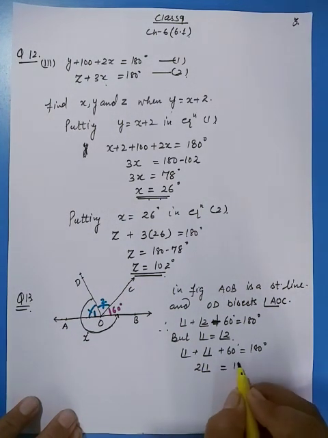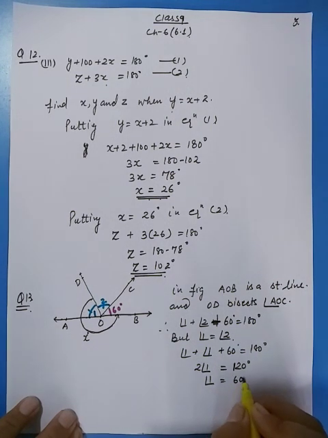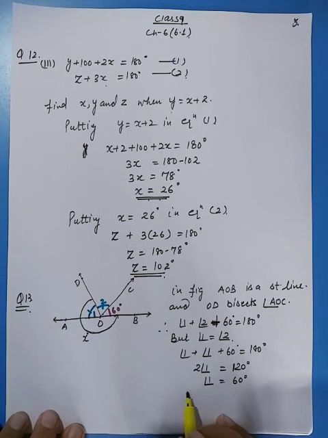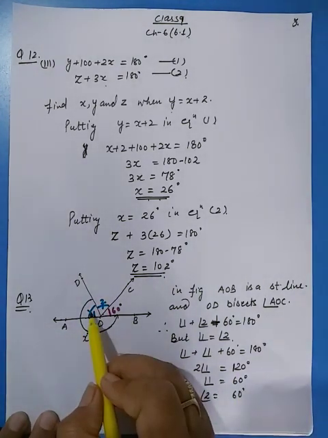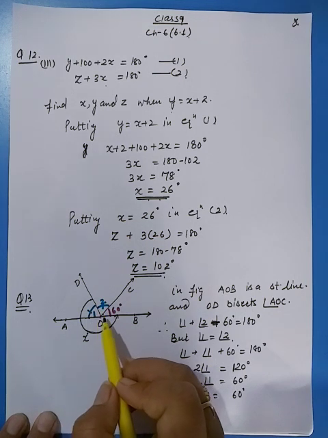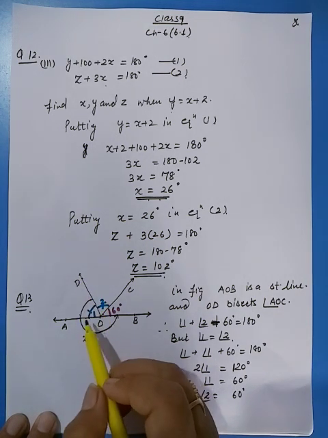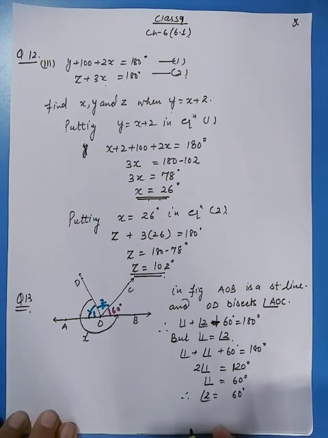Double of angle 1 is equal to 180 degree, so angle 1 will be of 60 degree. So angle 1 is also of 60 degree. Therefore angle 2 will also be of 60 degree because both the angles are equal, because ray OD is bisecting angle AOC and both angle 1 and 2 are half of angle AOC.